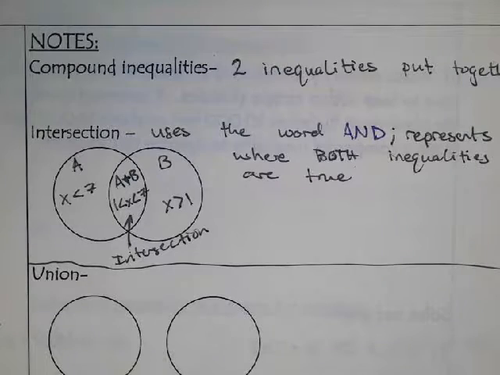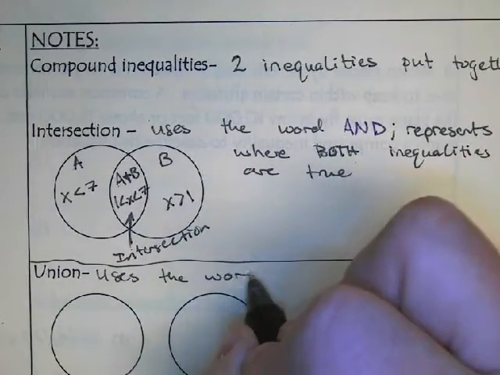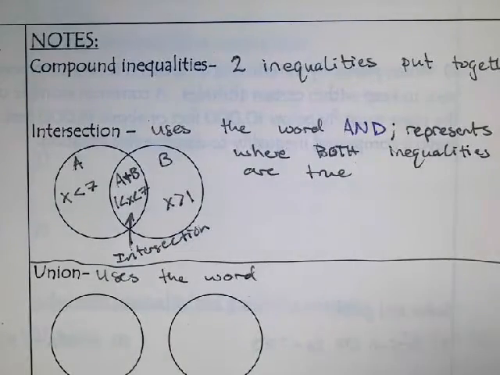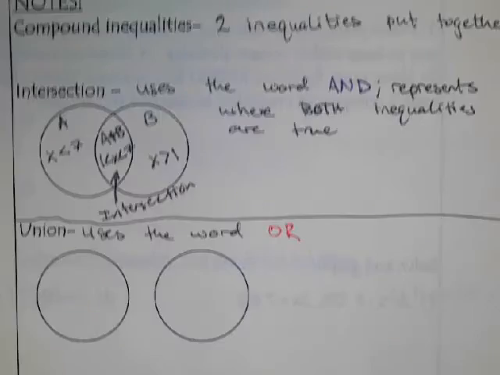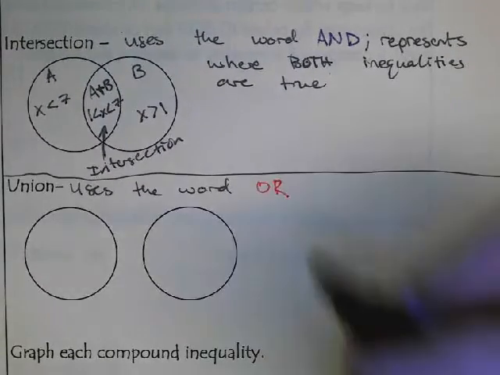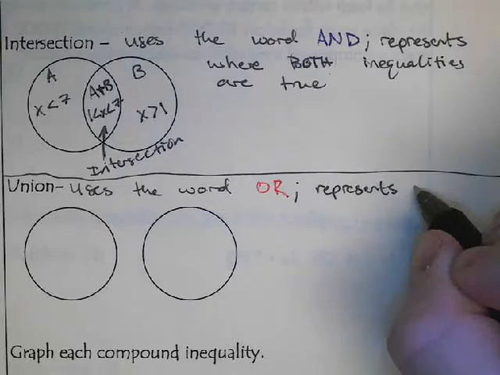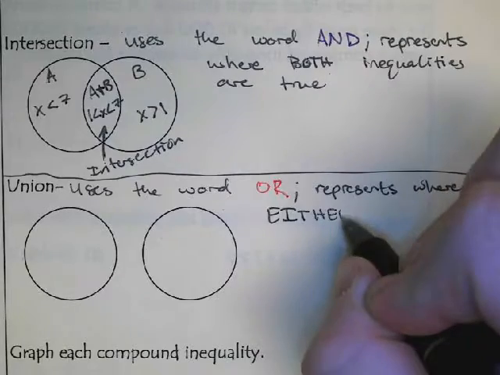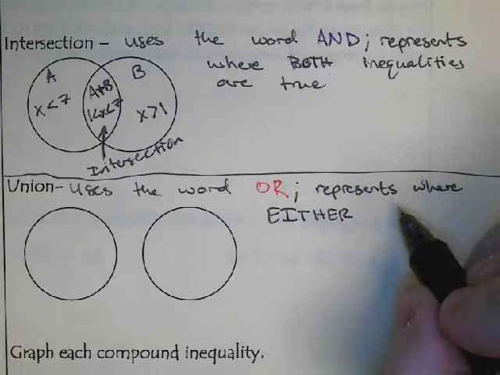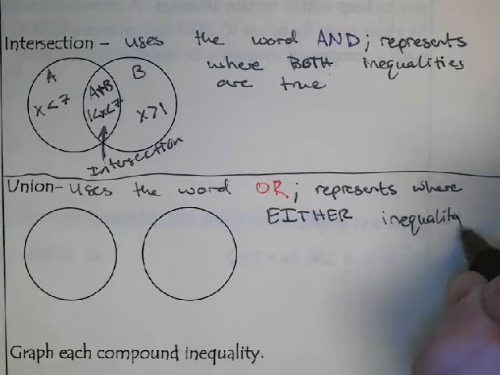A union is more of an "or" statement. So a union uses the word "or," and this represents where either inequality is true.